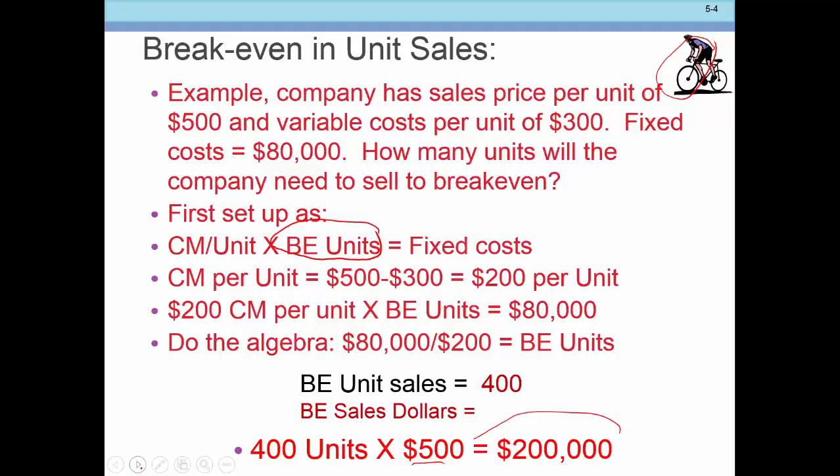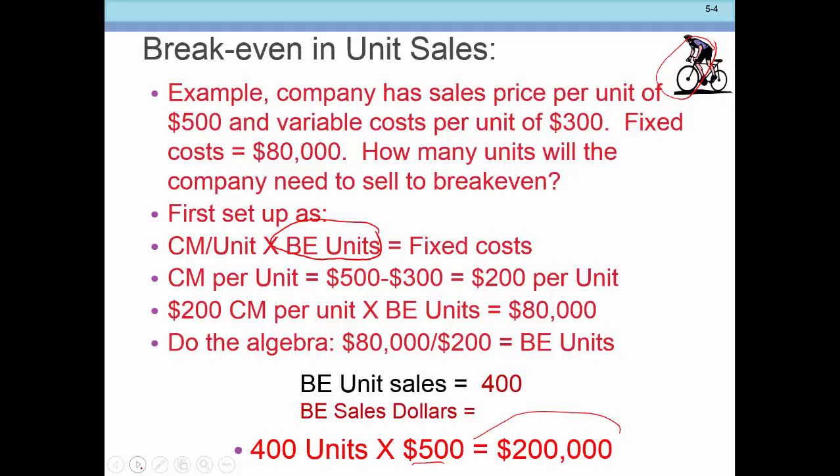Contribution margin per unit, $500 sales price minus the $300 variable cost gives me a contribution margin per unit of $200, right? I go ahead and I set that up. $200 that are left to cover my fixed cost after I've made my bike, so I have a bike to sell, times the break-even units, got to equal fixed cost, right?